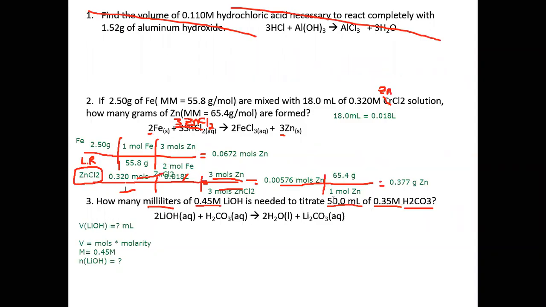So what we're going to do is we're going to find the moles of carbonic acid. So use molarity and volume of H2CO3. We're going to find moles of H2CO3, and then we can find moles of lithium hydroxide.